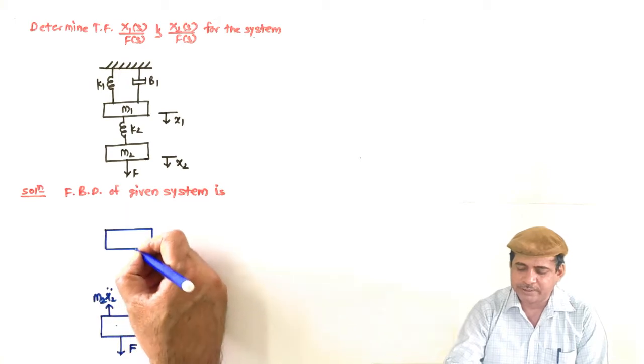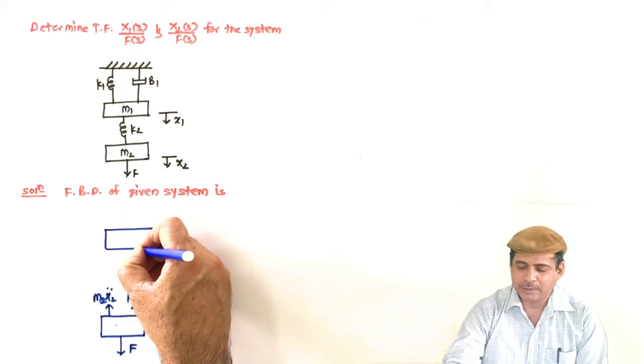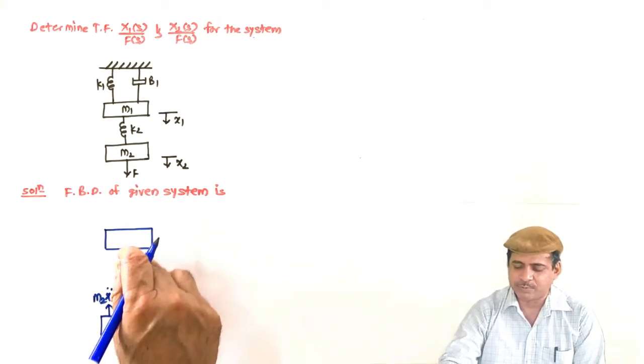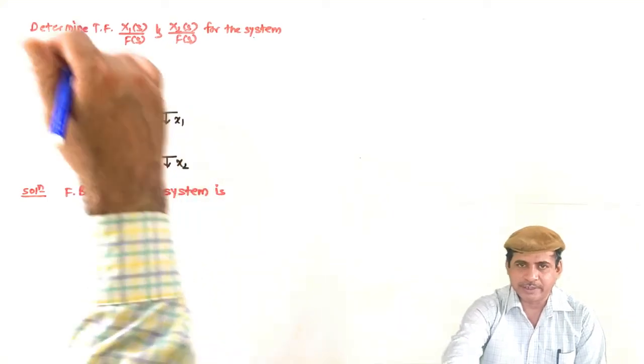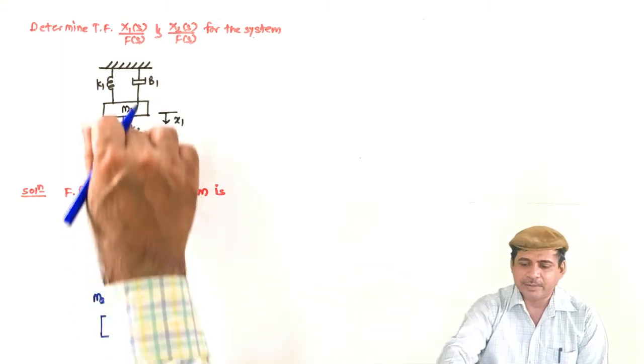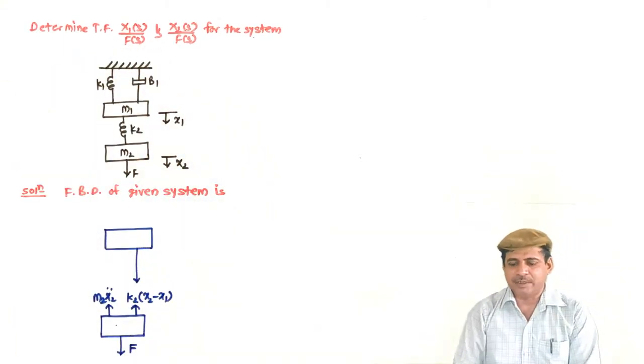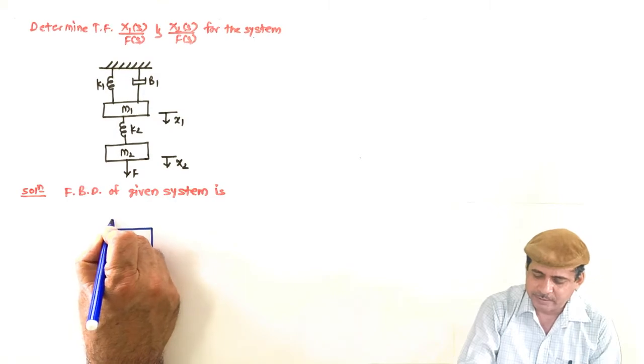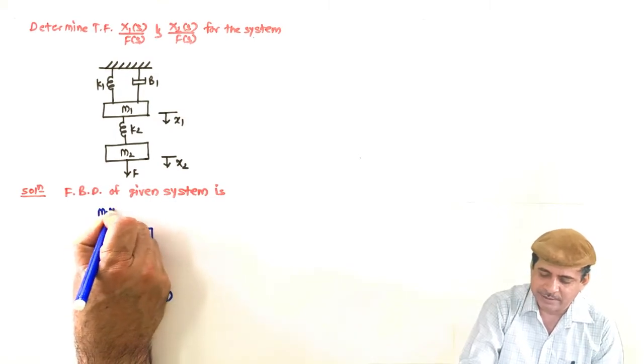And to oppose this motion, because now this spring will try to pull this body M1 downwards. So to oppose this, there will be M1, B1 and K1 in action, and their forces will be M1 X1 double dot. Why?